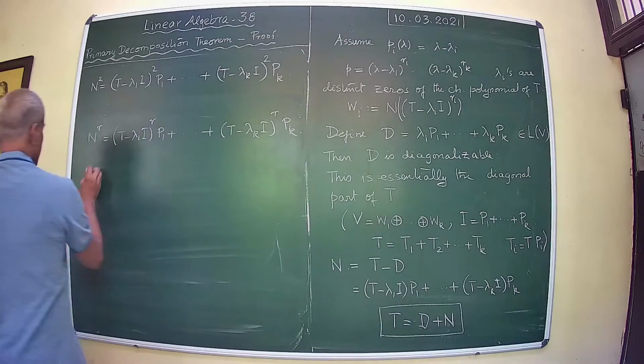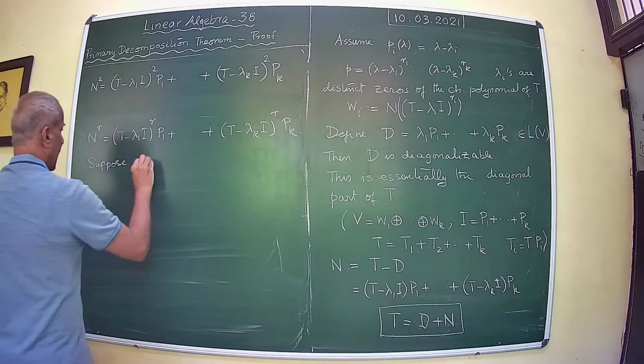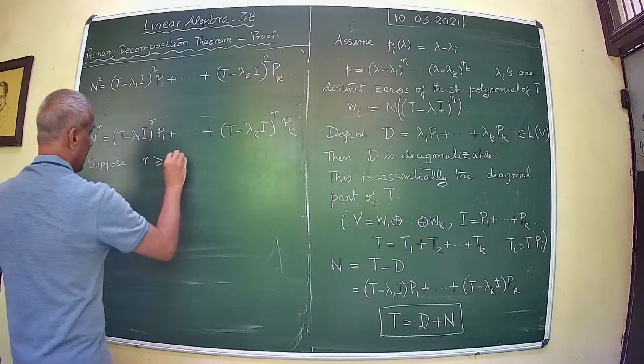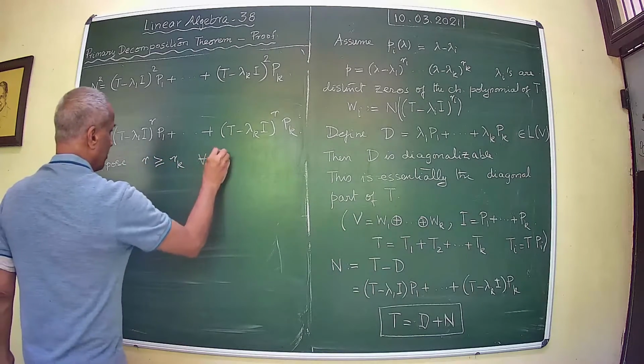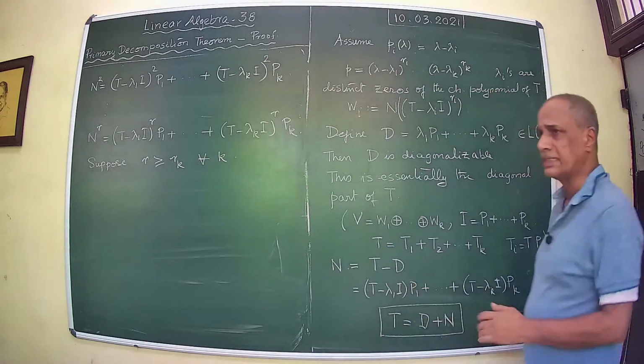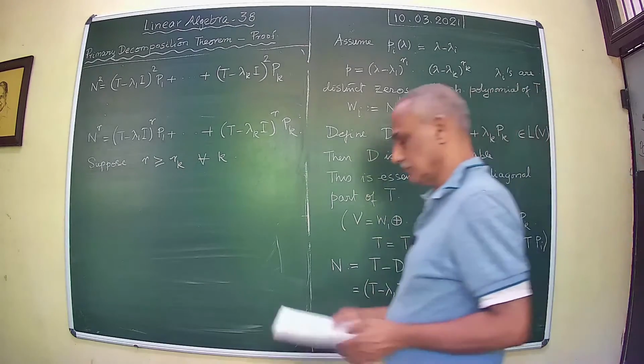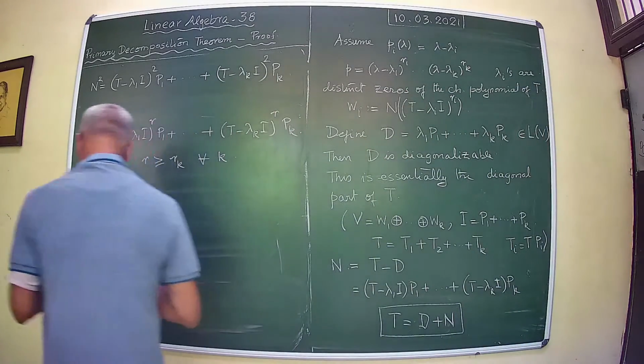suppose r is greater than or equal to rk. You can choose the maximum of r1, r2, etc. rk, which are really constants.